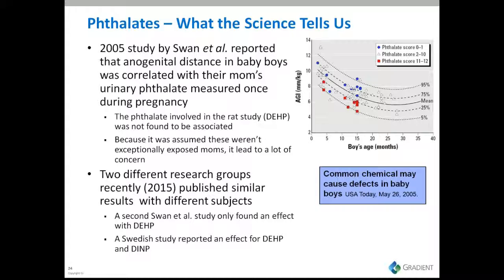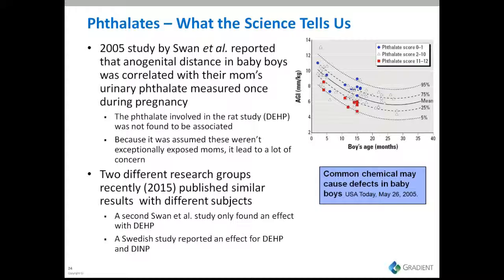And the anogenital distance is shown on the y-axis. You could see that the red squares are somewhat below the blue dots, suggesting there was a difference, but there's also a lot of mix in the data. One thing that was interesting was that the phthalate found to be significant in the rat study wasn't found to be significant here. But because it was assumed that these moms were not people who were exceptionally exposed to phthalates, this led to a lot of concern.